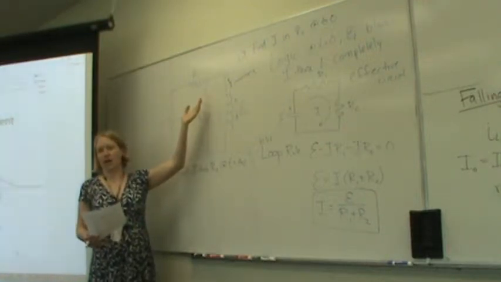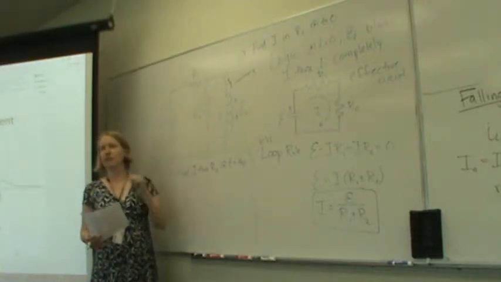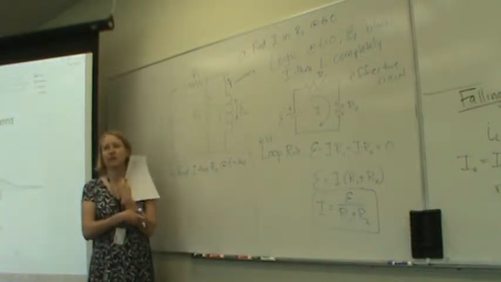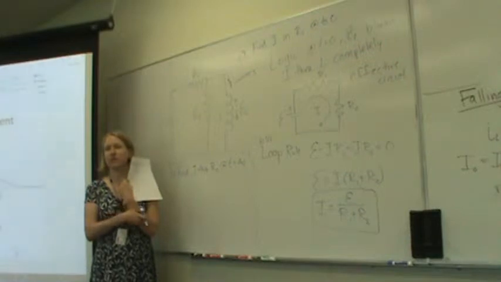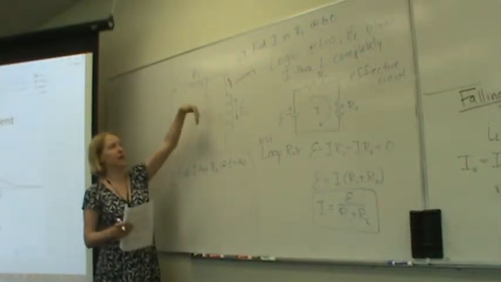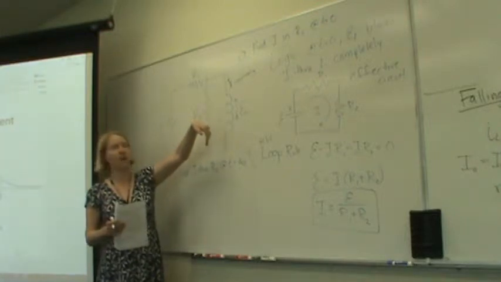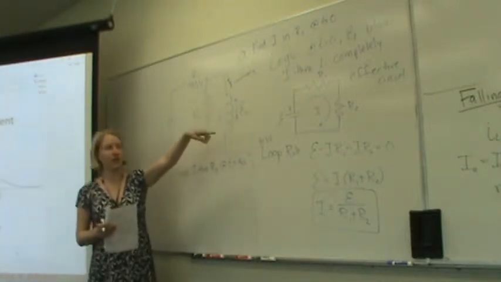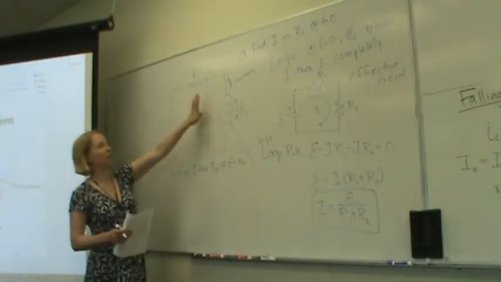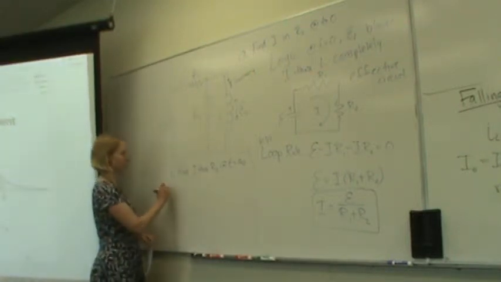It'll all just go down the inductor, so it's the opposite of before. At time equals 0, none goes down the inductor; at time equals infinity, all of it goes down the inductor.